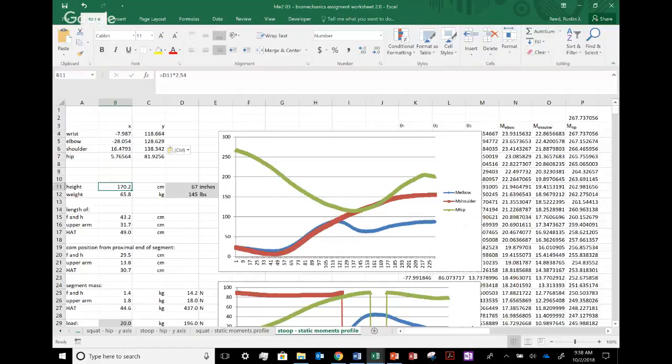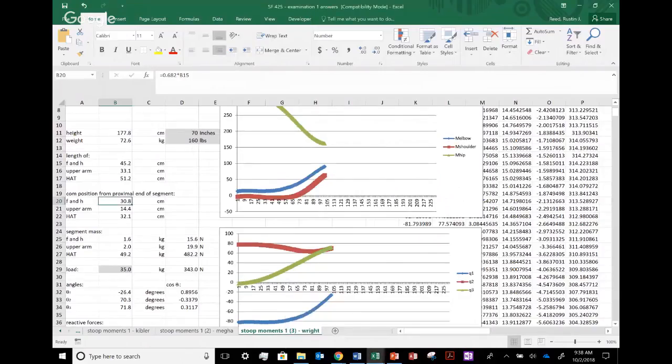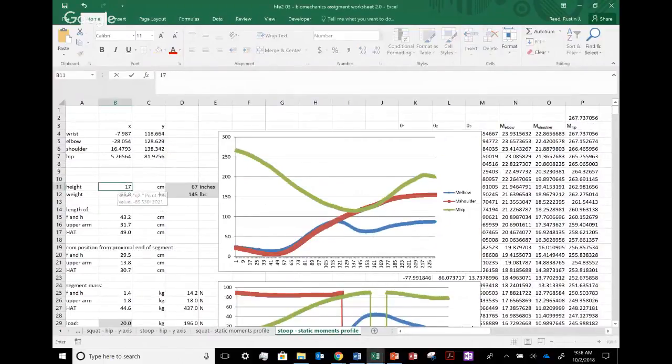And I need to update the height and weight. So 72.6 and 177.8. Wait, that's the wrong one. 177.8 and 72.6. You can see when I hit enter here, the numbers below on the left side are going to update.